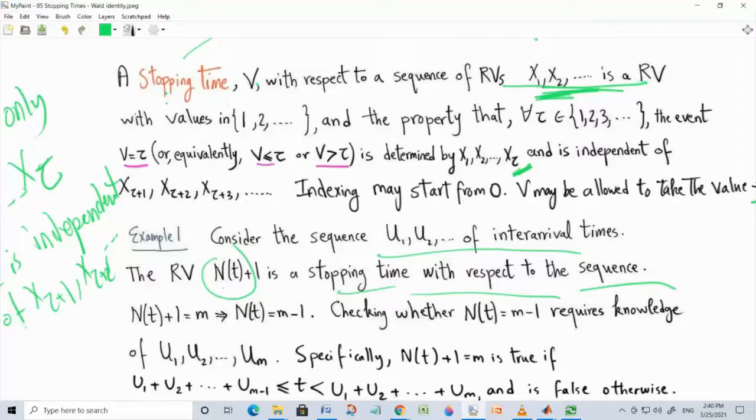Not N of t. N of t plus 1 is the stopping time. In fact, if you remove this plus 1, we no longer have a stopping time. To have a stopping time, you must add this one.